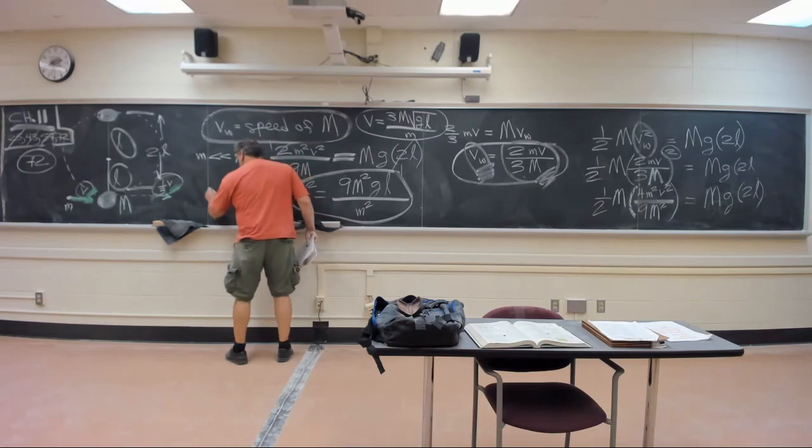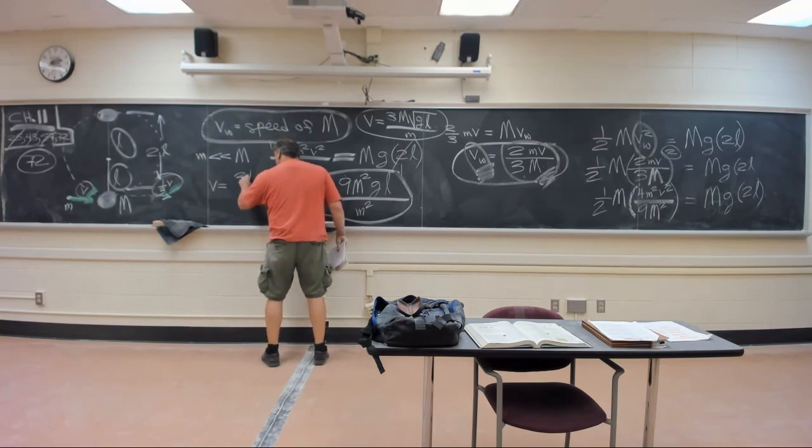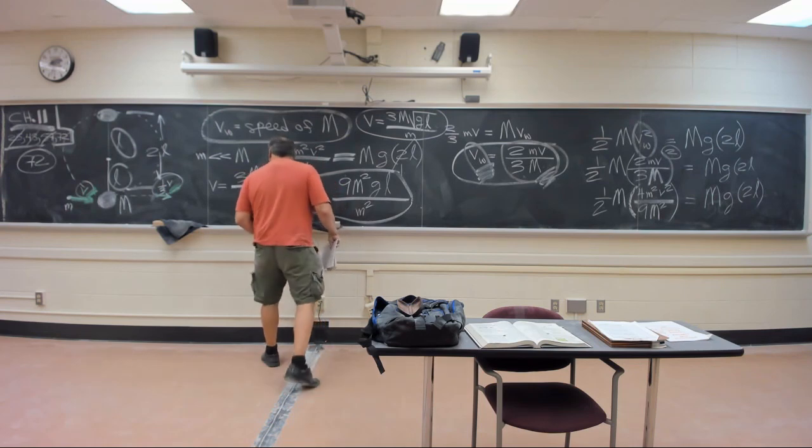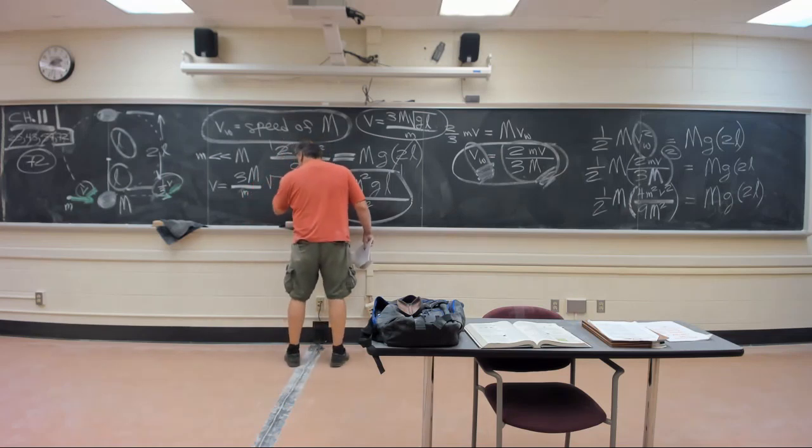You got V equals 3 capital M divided by small m.